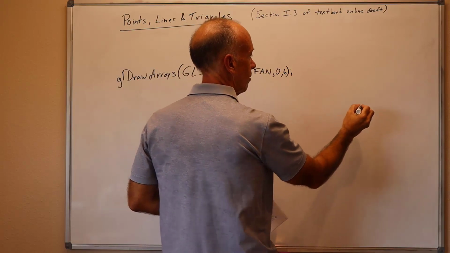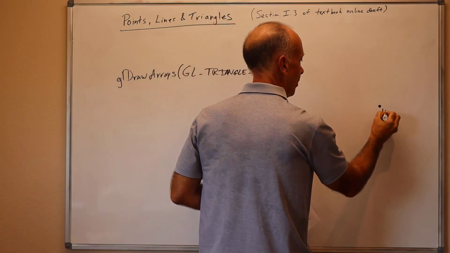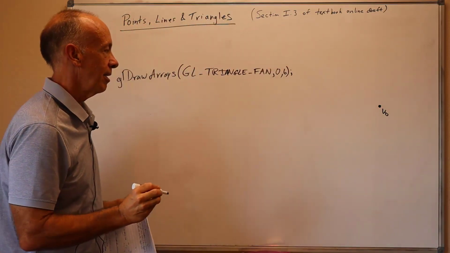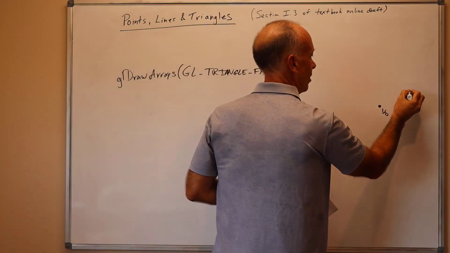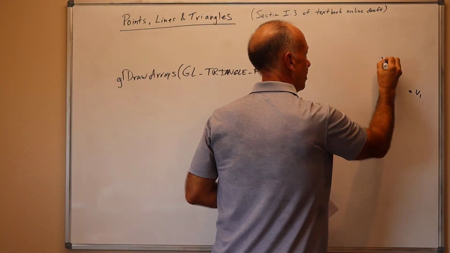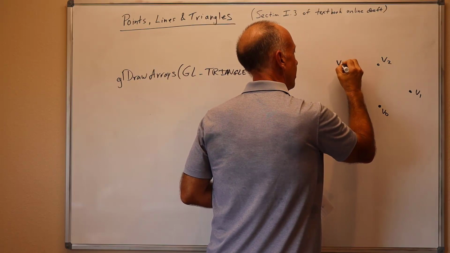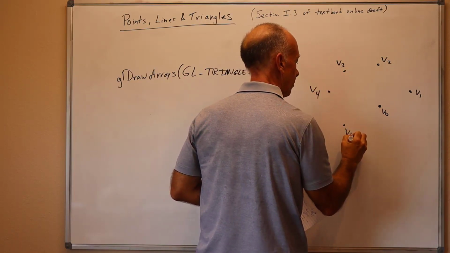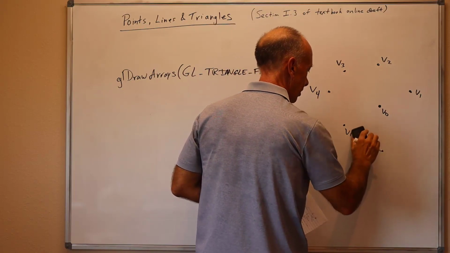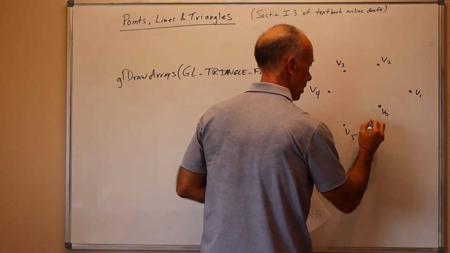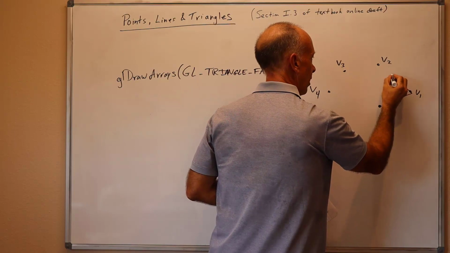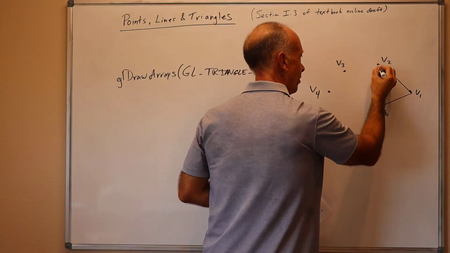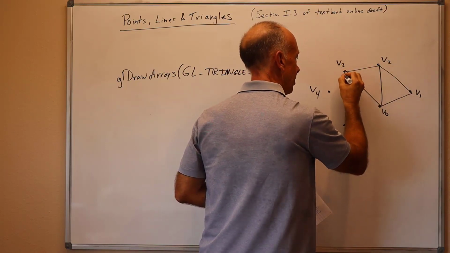So now what we do is the first vertex, V0, is a common vertex to all the triangles, and the rest of the vertices, V1, V2, V3, V4, and V5 in this example, because there's 6 vertices, are defining triangles that share that initial vertex, V0.